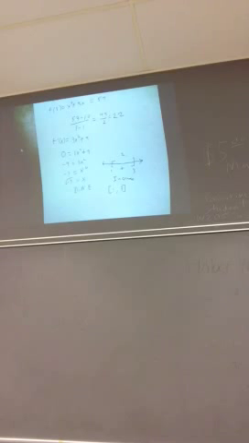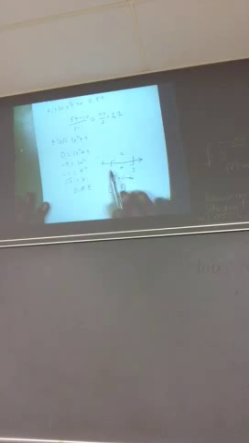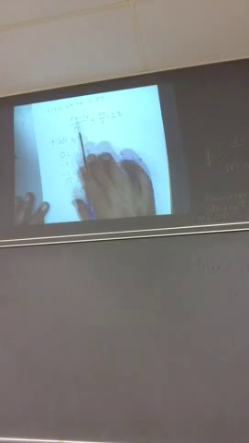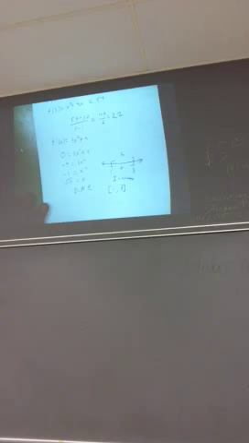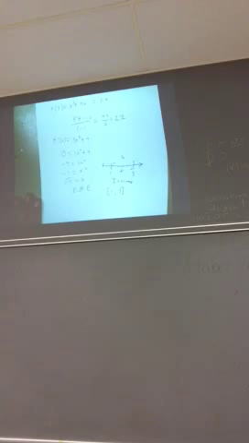So that's what it's talking about here. We're going to use the mean value theorem, because remember the mean value theorem says that there is a point on this interval from 1 to 3 where the slope at that point will equal the slope connecting the two points, because this function is differentiable and continuous everywhere on that interval.